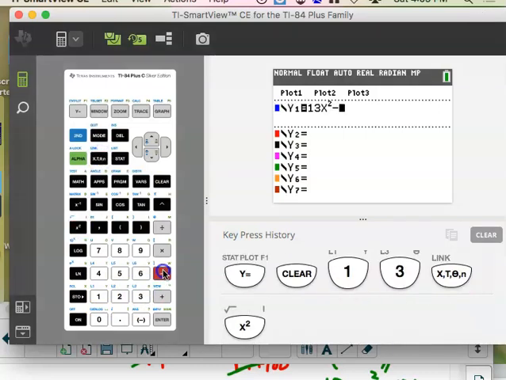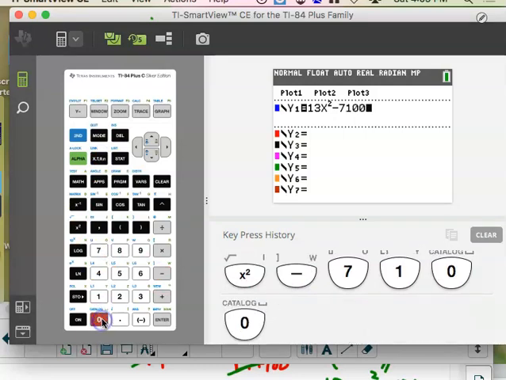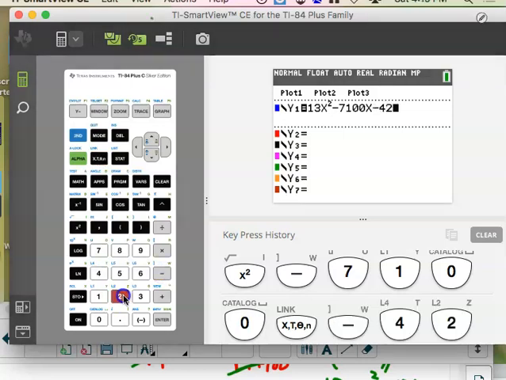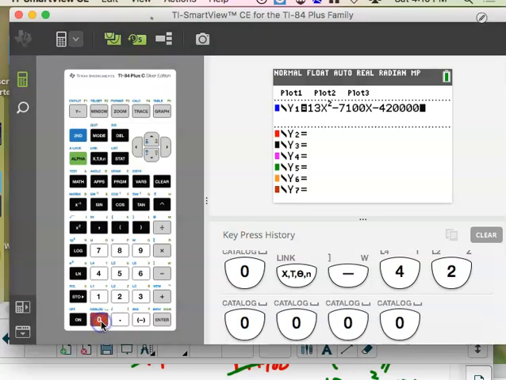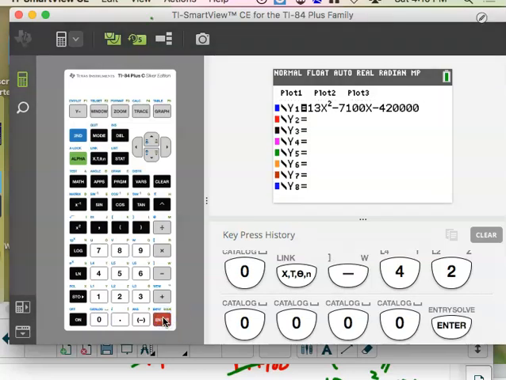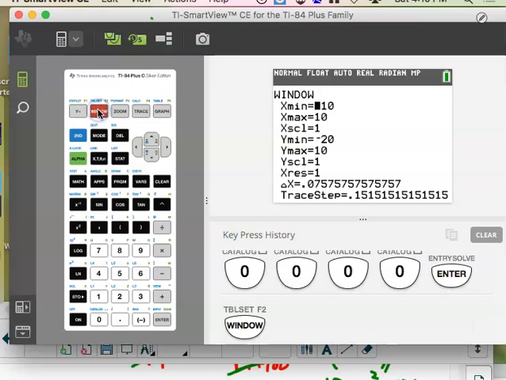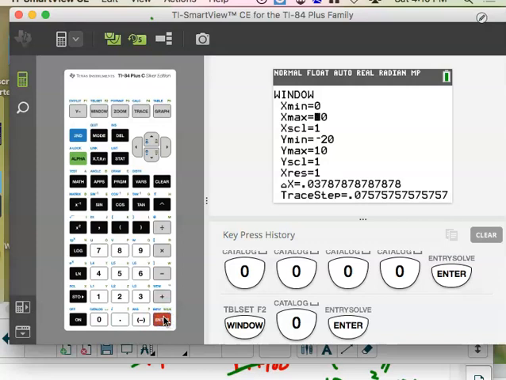So y equals, we had 13x squared minus 7,100x, and then it was minus 420,000. All right, huge numbers. So window-wise, our x's, that was our rate, our speed, and this is a plane, so that could be pretty big.